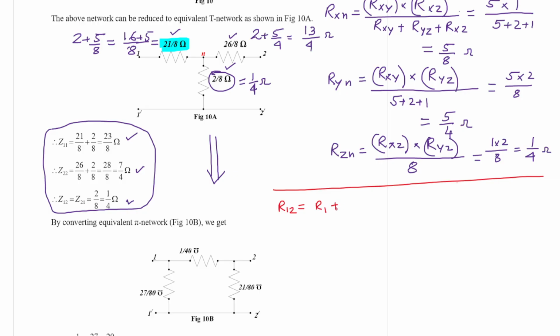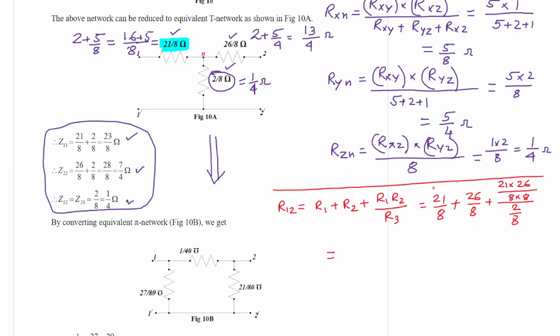R1 plus R2 plus R1 R2 by R3. That is the formula. Now what is R1 here? R1 here is 21 by 8. What is R2? R2 here is 26 by 8, plus, now R1 R2, that means 21 by 8 into 26 by 8, and in the denominator we have R3, which is 2 by 8.